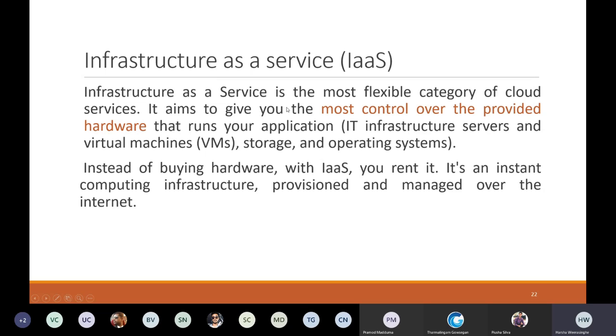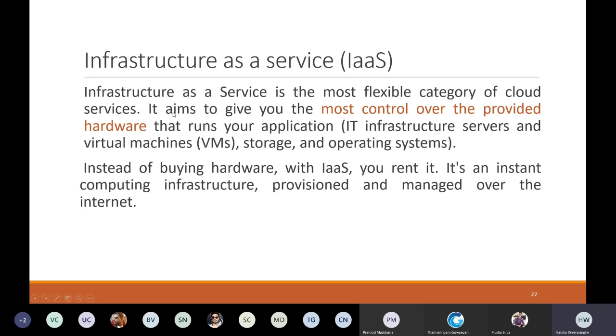Once you log into the portal, you can simply RDP to the machine and get the look and feel of a normal computer running in your local environment. Instead of buying hardware with IaaS, you can rent it. It's instant computing infrastructure, provisioned and managed over the internet. You have to have an internet connection, otherwise you can't work with cloud stuff.